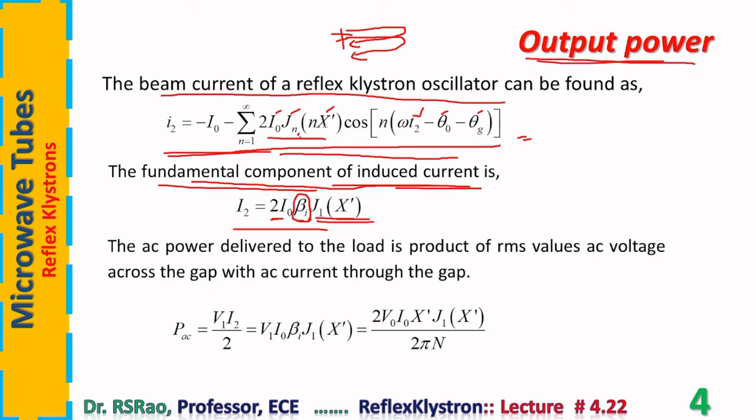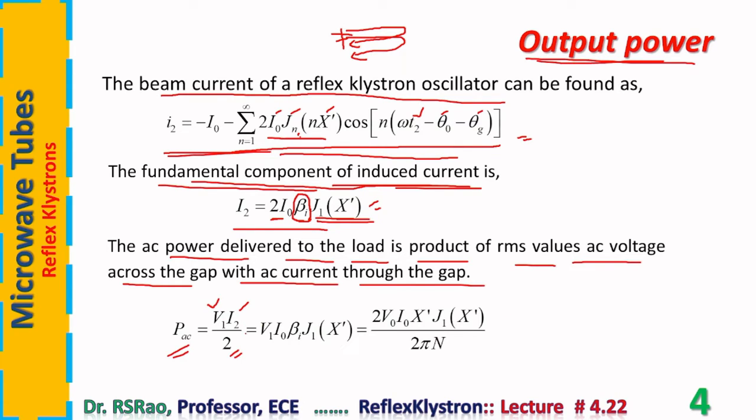2I0 J1 x prime. The AC power delivered to the load is the product of RMS values of AC voltage across the gap with AC current through the gap. So PAC is V1, the amplitude of the voltage across the cavity gap, I2 is the amplitude of the current, divided by 2. Power is the product of voltage and current RMS values.